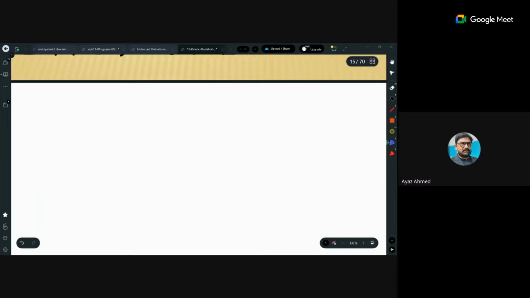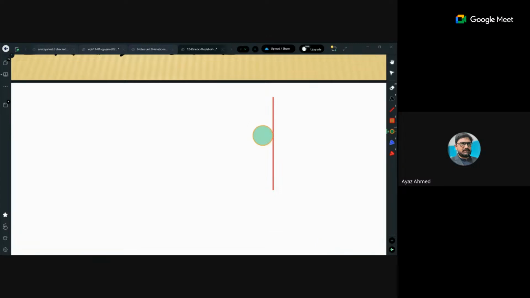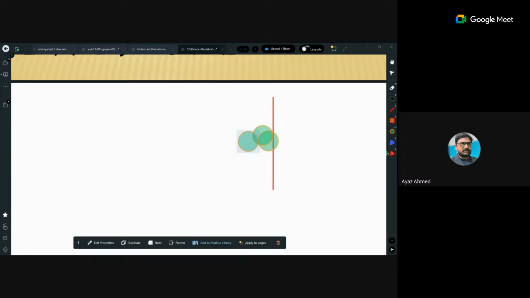Let's see. As I told you people, if there is a wall of a container and there is a particle or a ball striking this wall, that ball would have a sort of velocity. Is it? When it was here, it has some velocity.